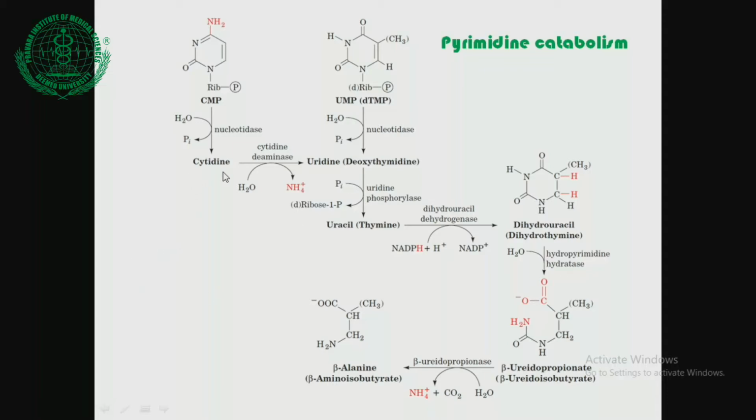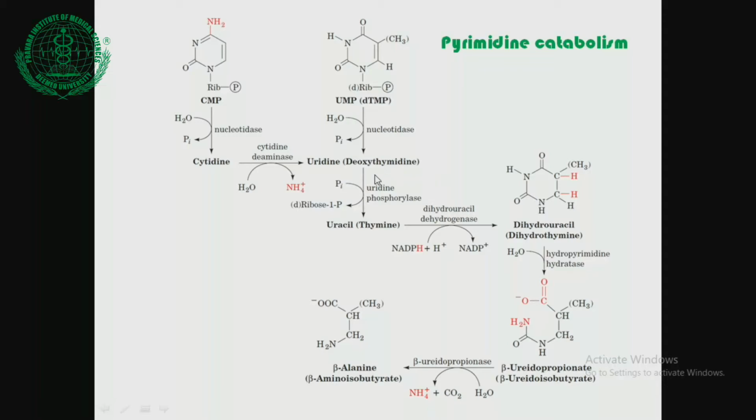The nucleoside cytidine is further deaminated and converted into uridine. The enzyme which acts on cytidine and deaminates it is cytidine deaminase.